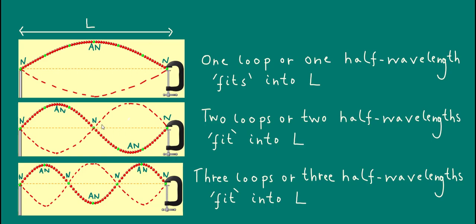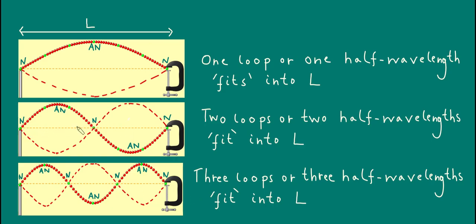If you look at the second harmonic, notice that we can fit two loops, or equivalently two half wavelengths, into the distance L. And of course in the third harmonic you can see we can fit three loops or three half wavelengths into the same distance L.